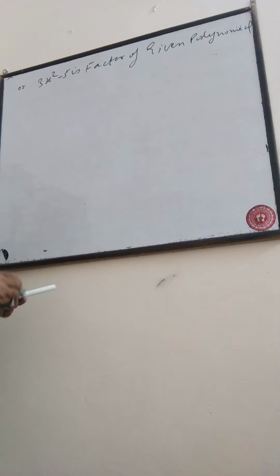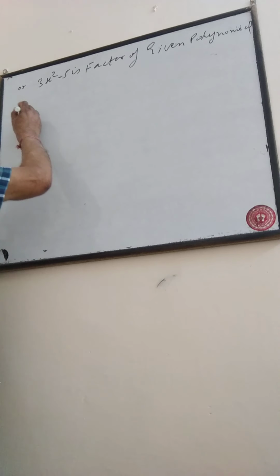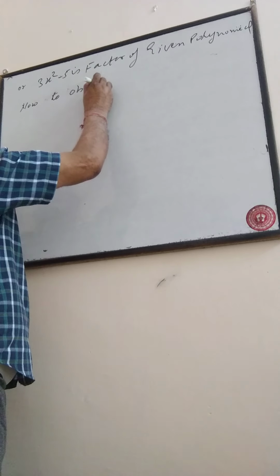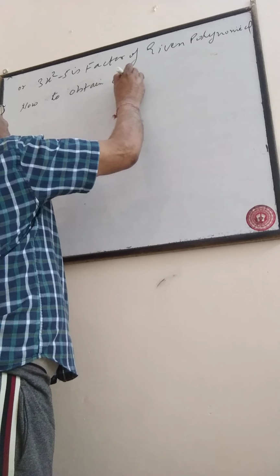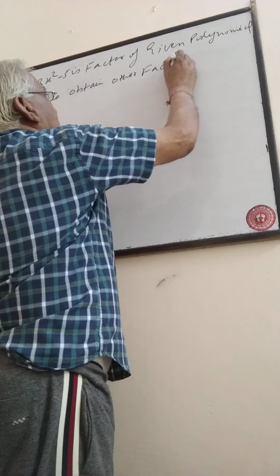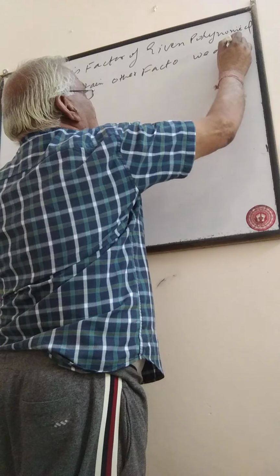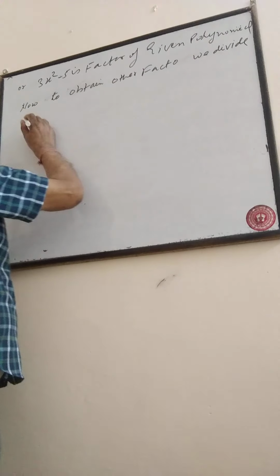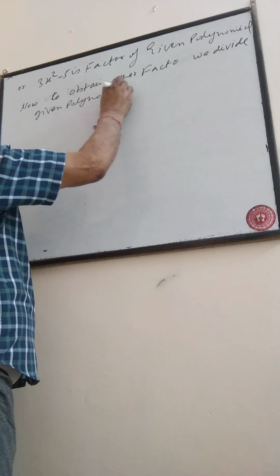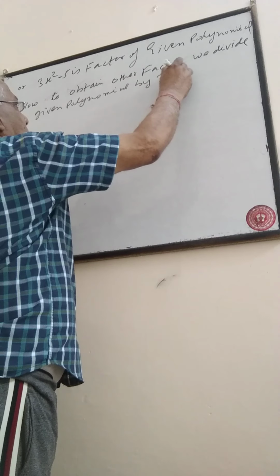So you will now find the other factor. To obtain the other factor, we divide the given polynomial by 3x square minus 5.